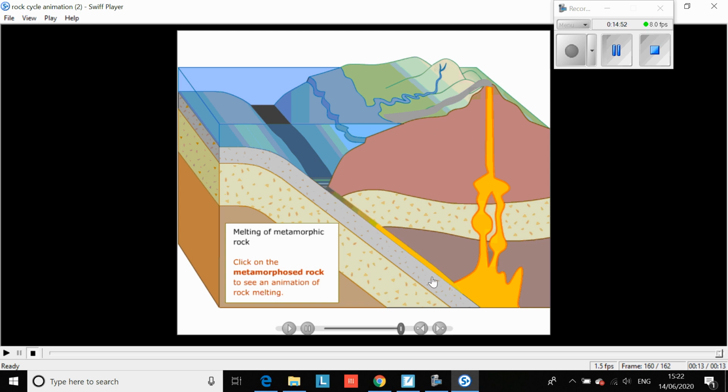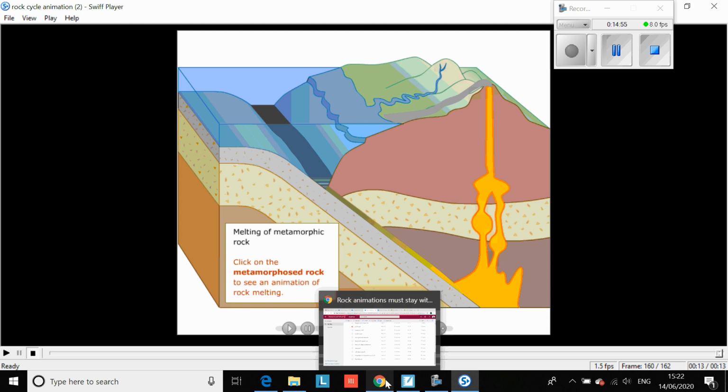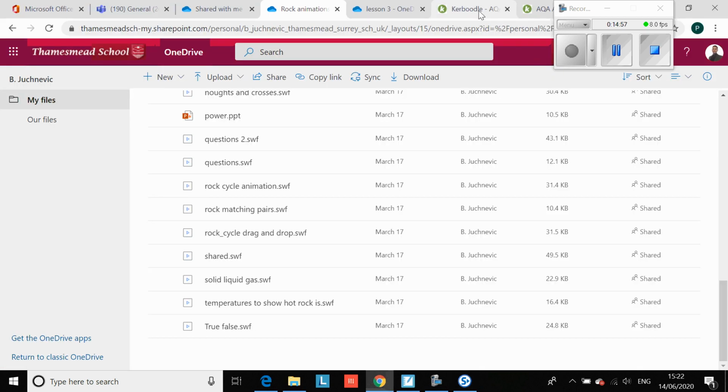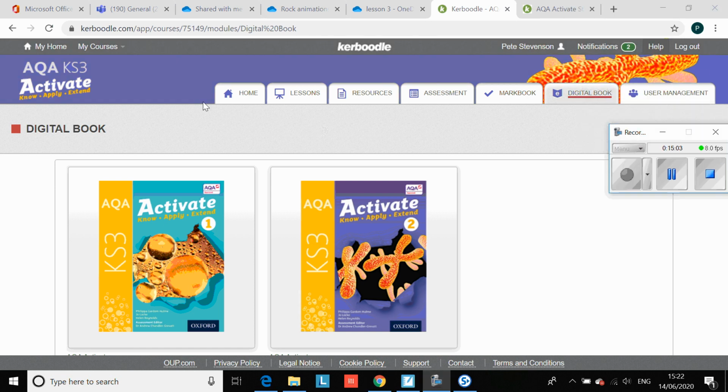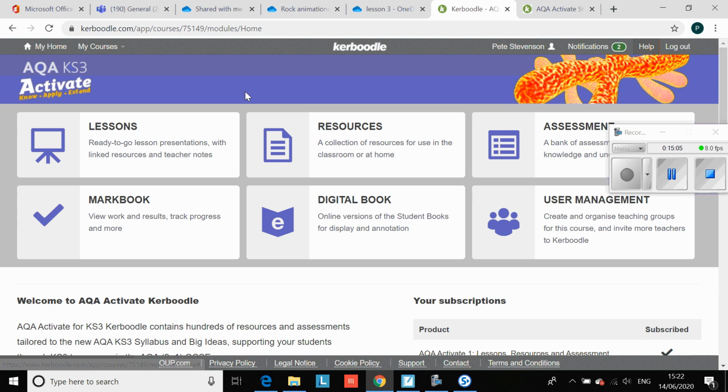Okay, so here comes your part. What I would like you to do in a moment is log into Kerboodle. Hopefully most of you know how to do this, but I'm just going to show you in case you're not familiar. If you log into Kerboodle, click on Key Stage 3 and you'll see this. So this is what you're looking for.